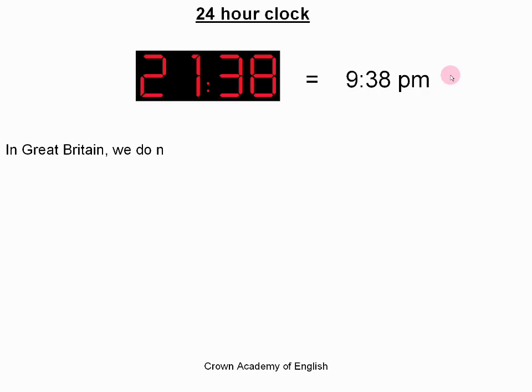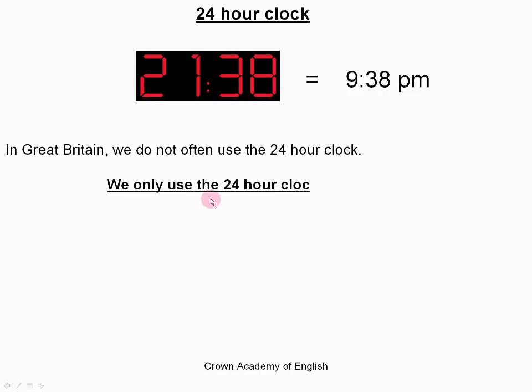But be careful, in England, in Great Britain, we do not often use the 24-hour clock. We do not often use this system. It is very rare. Normal people in everyday life do not use this. All right?